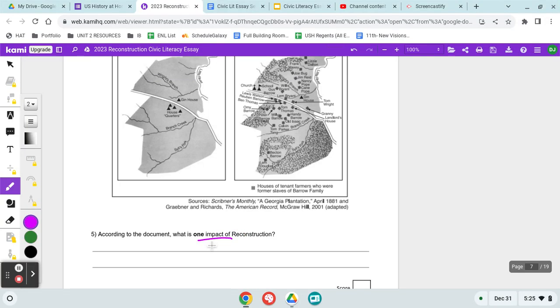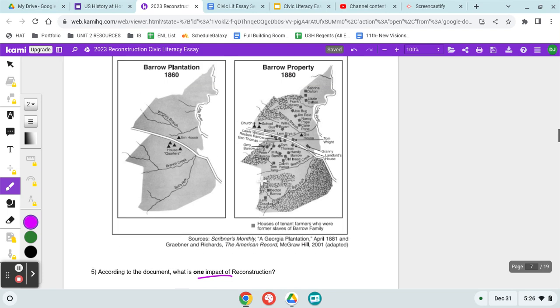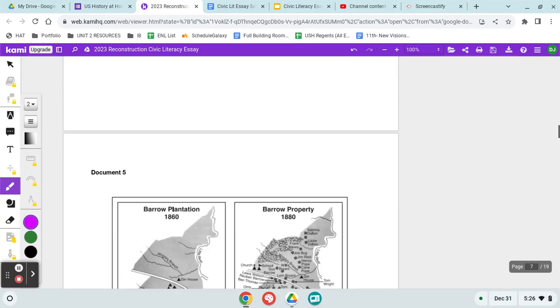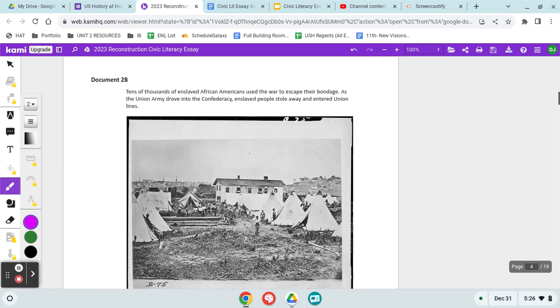You want to answer what is one impact based off this question, but you do not want to only think about impact when you're annotating this document. So in a lot of ways, there are very big limitations to these questions. So how do you answer a question like this?